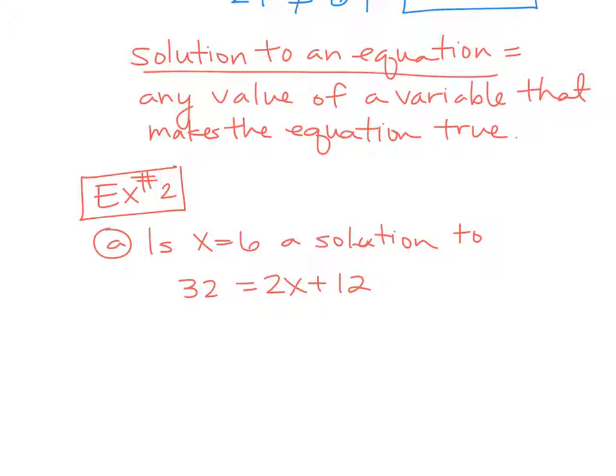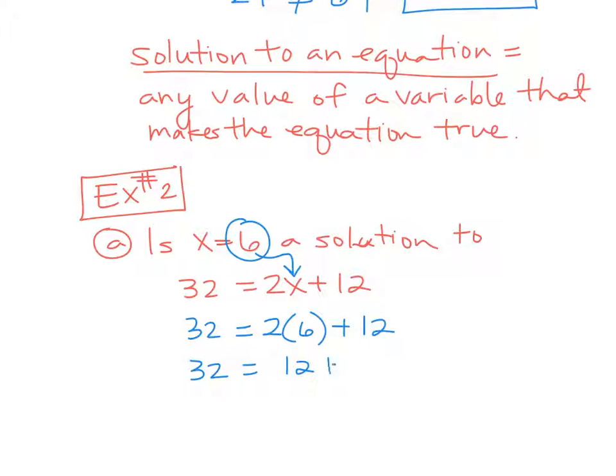What do you suppose you're going to do with that? You plug it in. Okay, so what we're going to do is take that 6 and replace the x with 6. So basically is 32 equal to 2 times 6 plus 12? No. This is 32 equals 12 plus 12, and 12 plus 12 is 24. And 24 does not equal 32, so is it a solution? We would say no, this is a false equation.